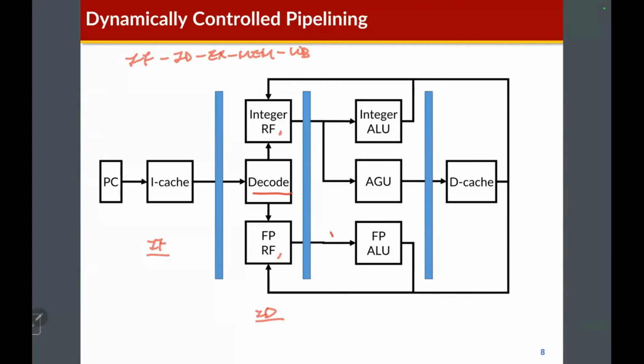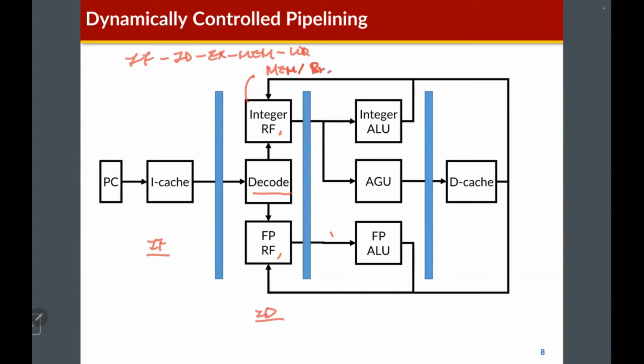Based on this decoding result, we can separate the integer type instructions and floating point type instructions. These integer type instructions include integer arithmetic, also memory load store, and branch instructions.